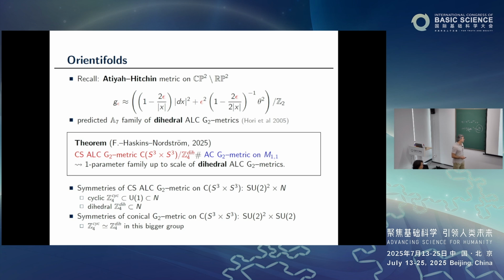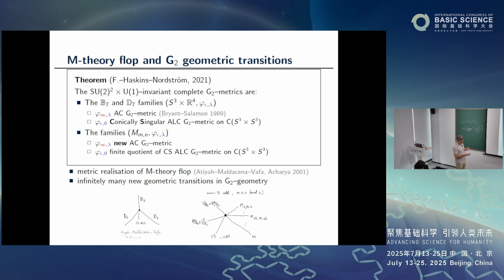There's a bunch of extra results. For example, construction of moduli spaces of these ALC G2 metrics, and uniqueness results for invariant G2 metrics that are asymptotic to this model. So basically, the only complete ALC G2 holonomy metrics that are asymptotic at infinity to this must be this.